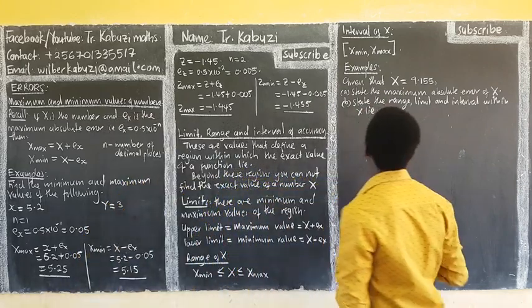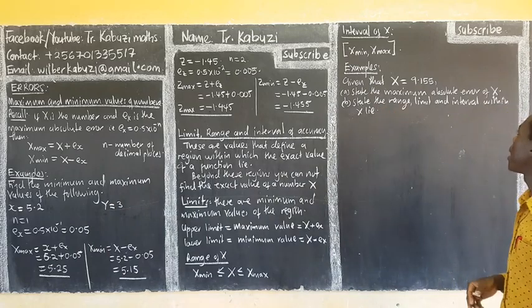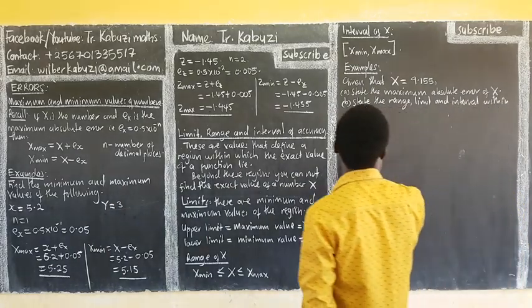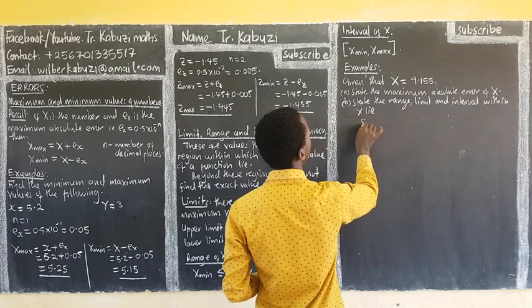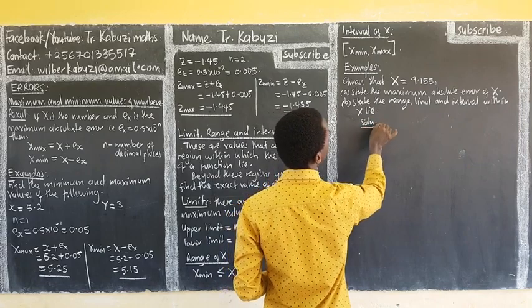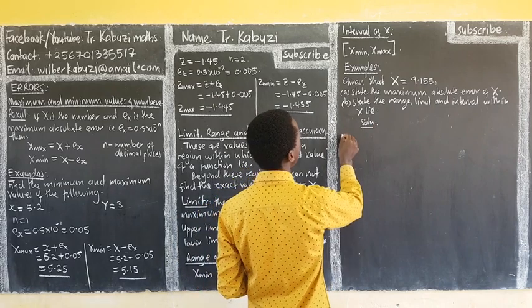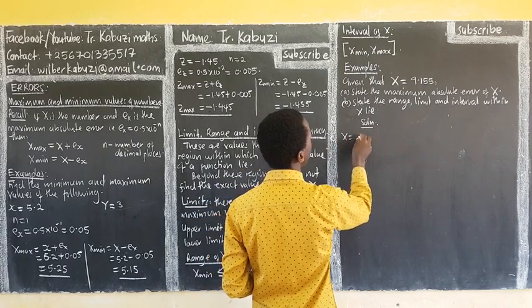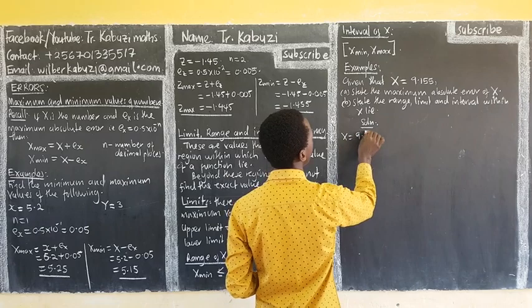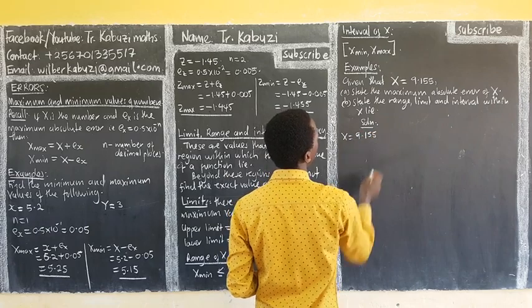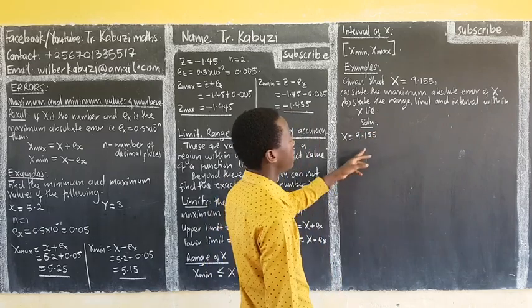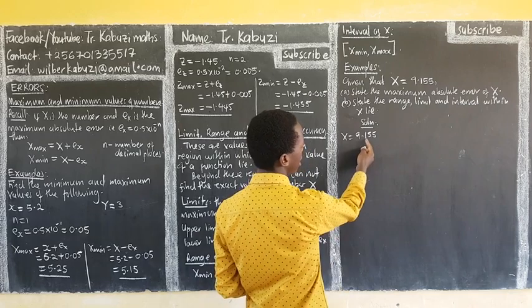Okay, given that x is equal to this, state the maximum absolute error. So now in our solution, state the range, the limit, and then the interval. From there, I first get my x, so my x is 9.155. This one has been given to 3 decimal places: 1, 2, 3.